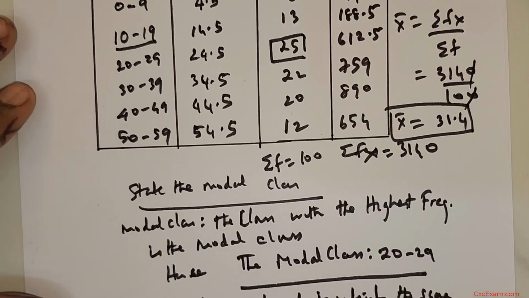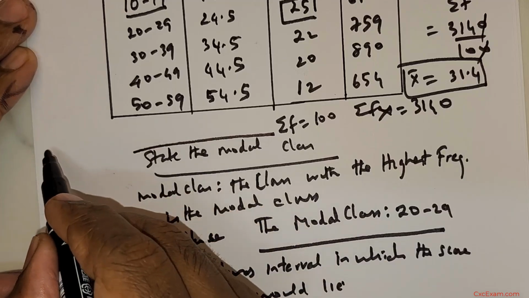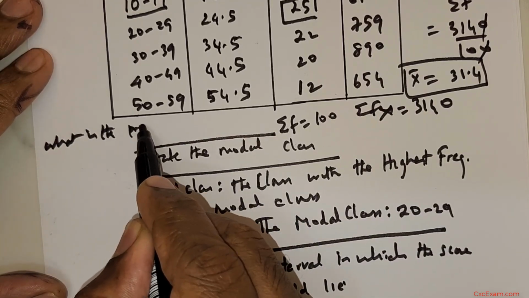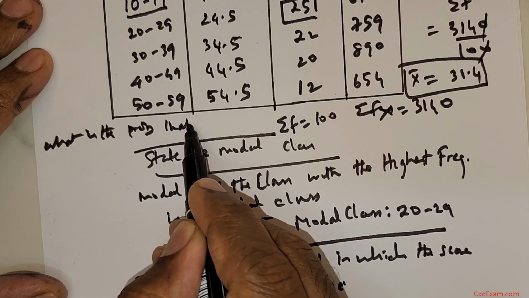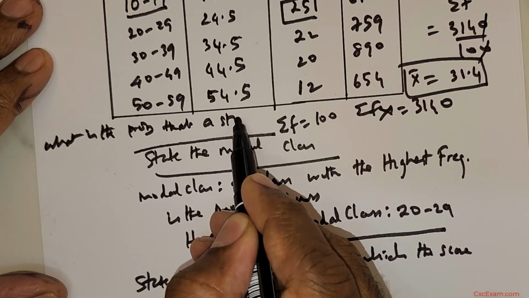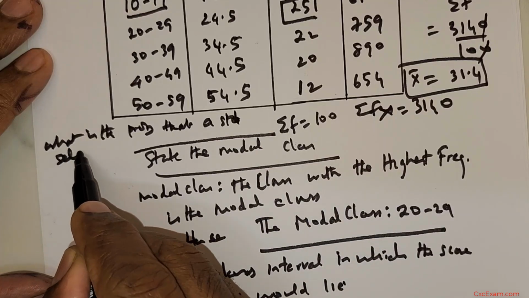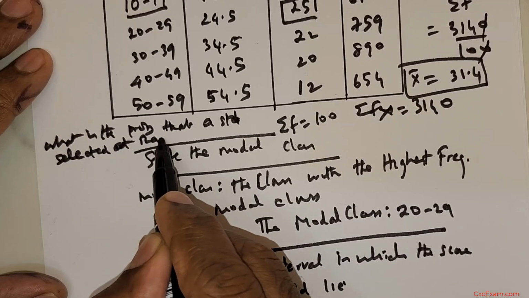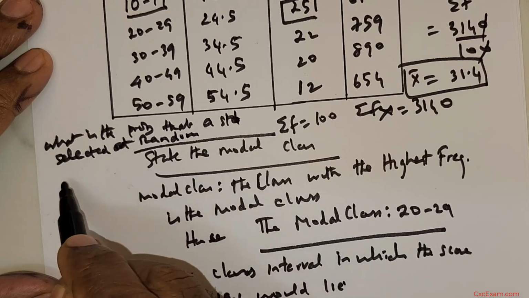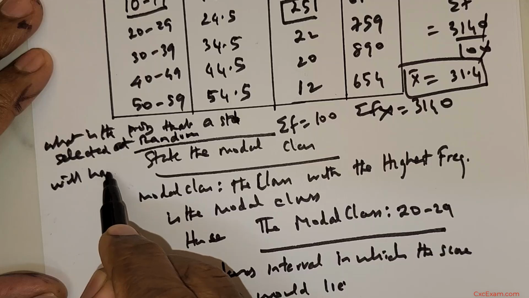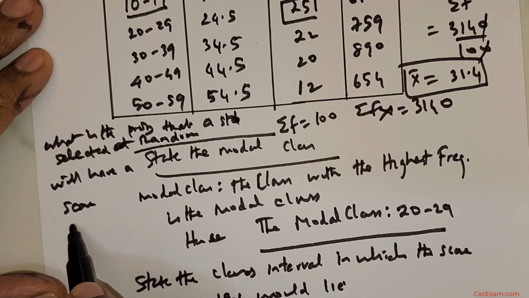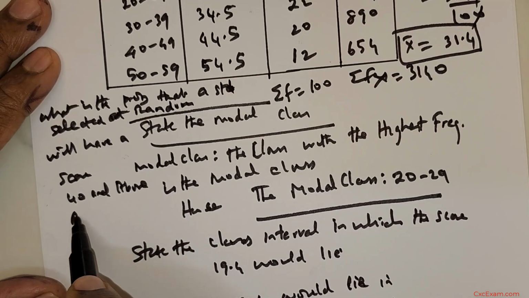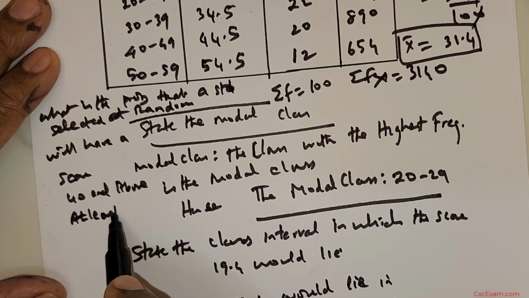Now this is the next question. The question says, what is the probability that a student selected at random will have a score of 40 and above? They are using the word at least 40.